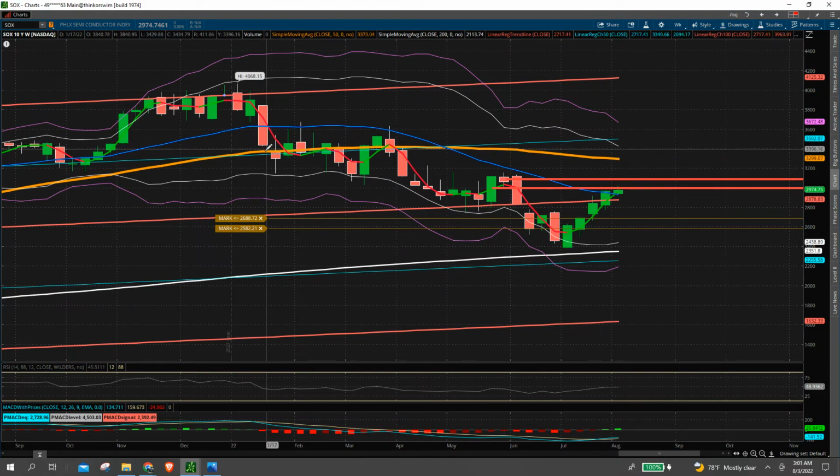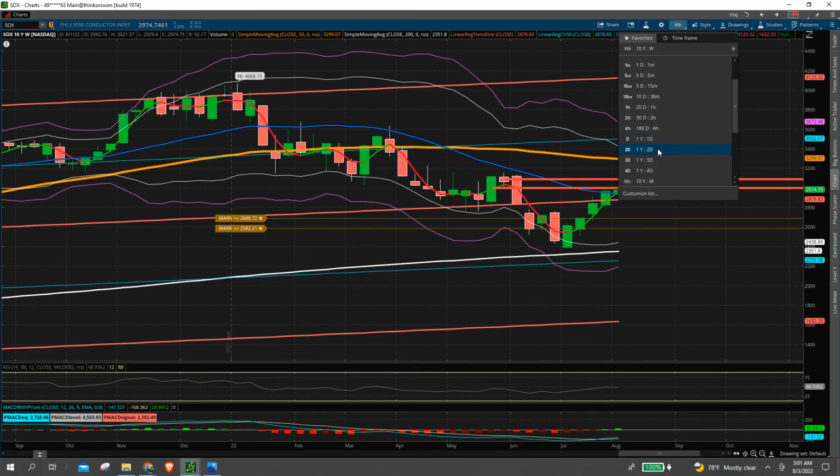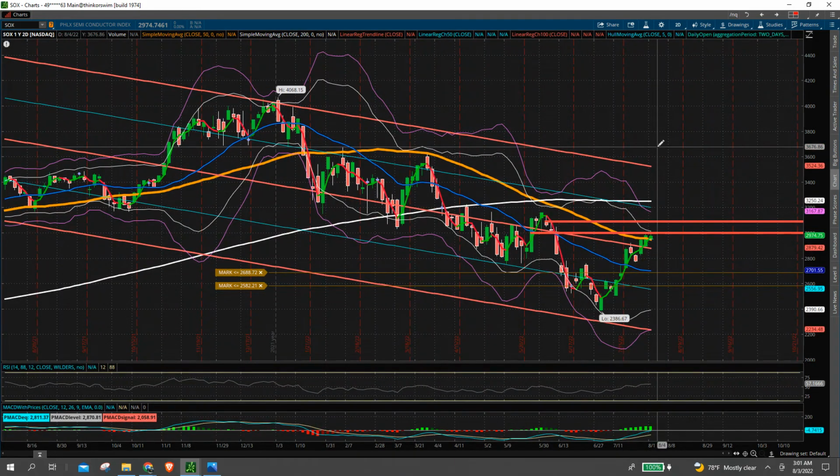I consider these moving averages as magnets, and especially when we have multiple moving averages lining up on multiple time frames, then in my opinion the magnet and that range becomes stronger.